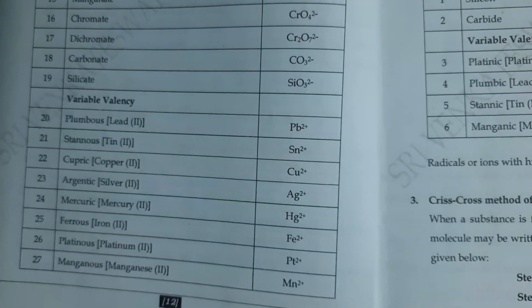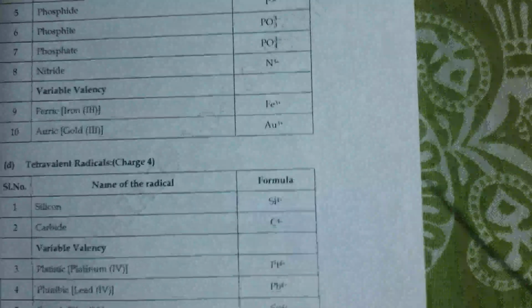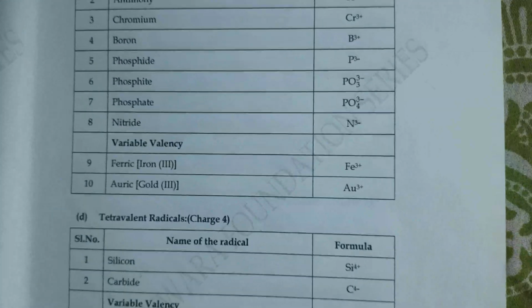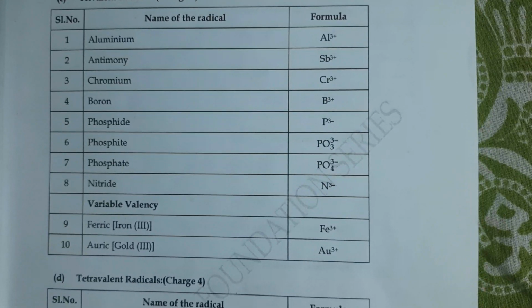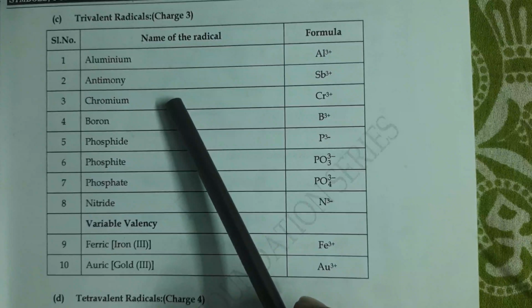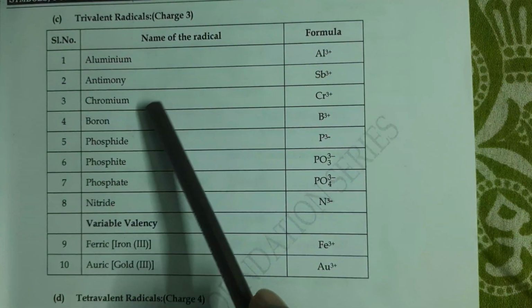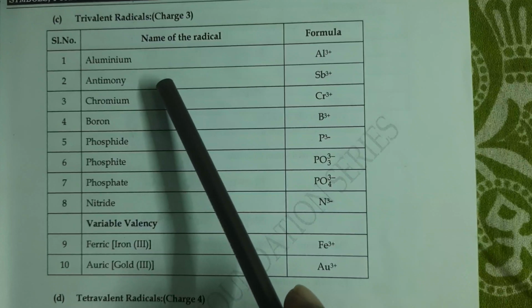Like this, bivalent atoms. Now we are going to discuss trivalent as well as tetravalent. Trivalent means it loses or gains 3 electrons. That is trivalent, either losing or gaining.